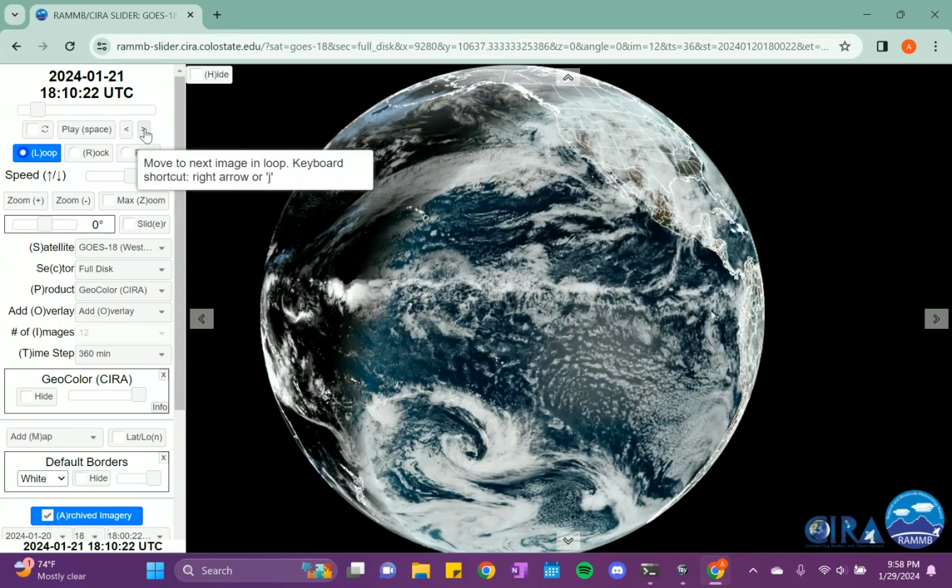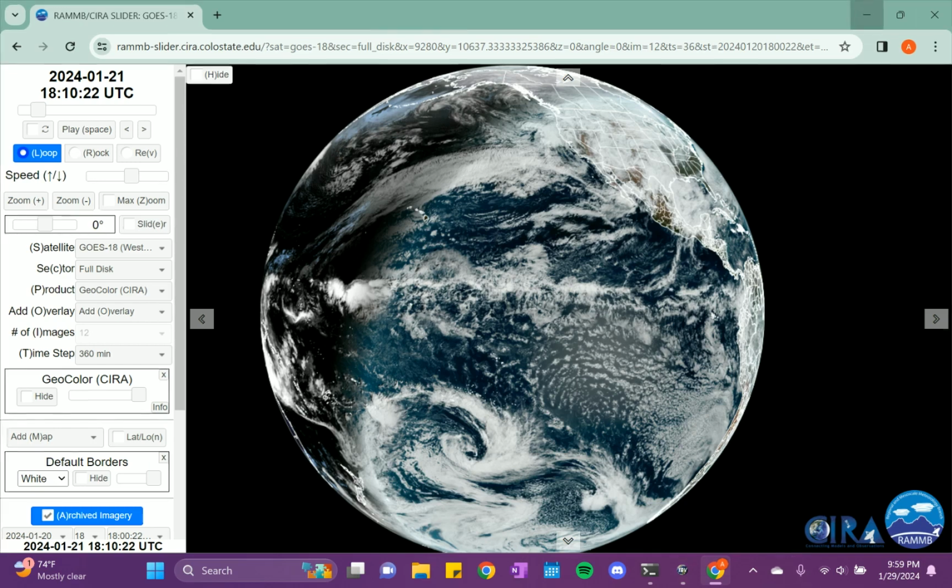Going forward a day, we see the conjoining of the low pressure systems into one larger one, and that trough that I mentioned that's off to the northeast is starting to form this storm system we see right here.